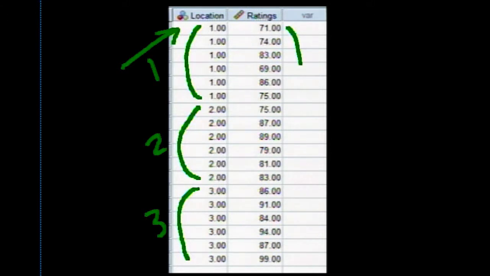On the other side, we see the ratings. These are continuous data measurements for each of the different locations. On each row, there's someone who was in location number 1 and gave that rating score, and here's someone in location number 2 and they gave that rating score. You can see how it's laid out on the screen.